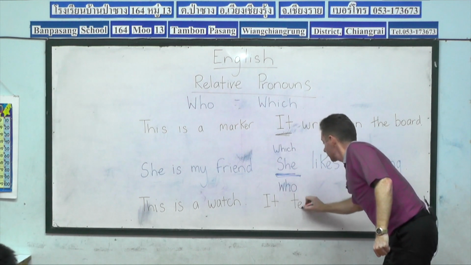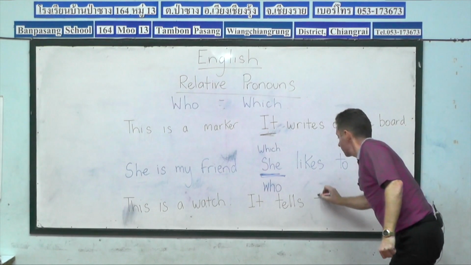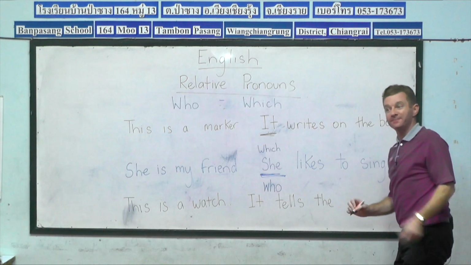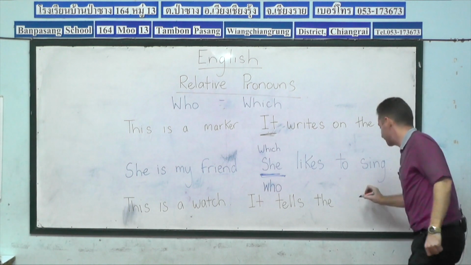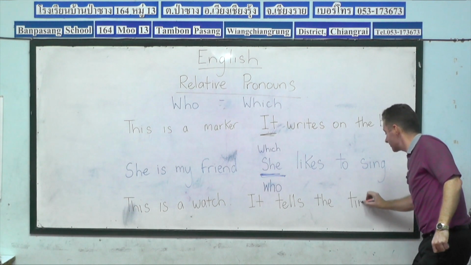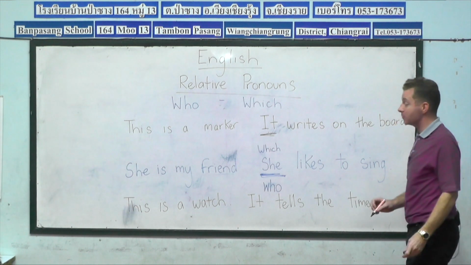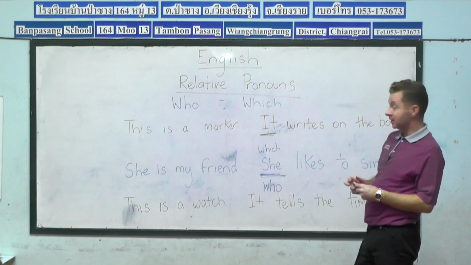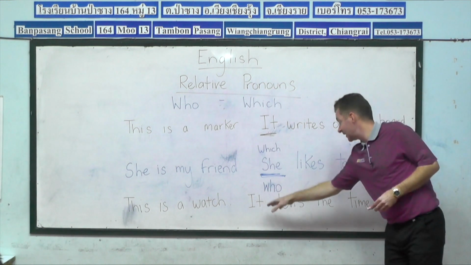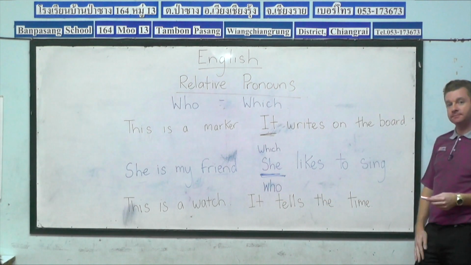It tells the... Correct. I was about to ask, what does a watch tell? The time. So you see, I've written two small sentences about a watch. Sentence one, this is a watch. And the second sentence, it tells the time.